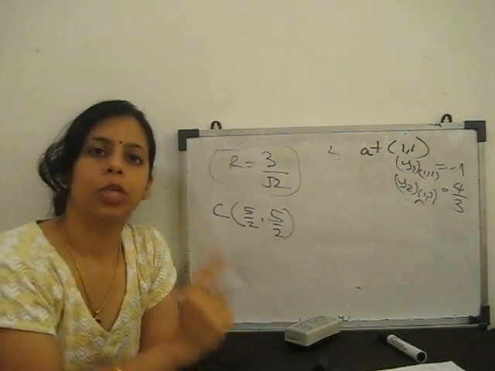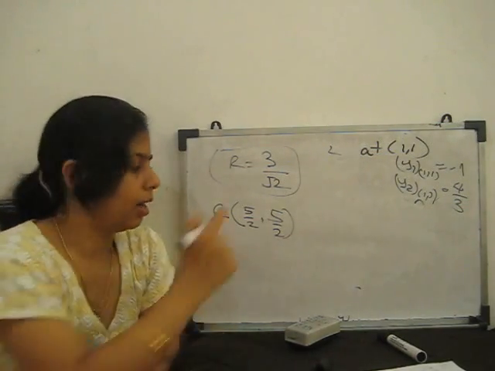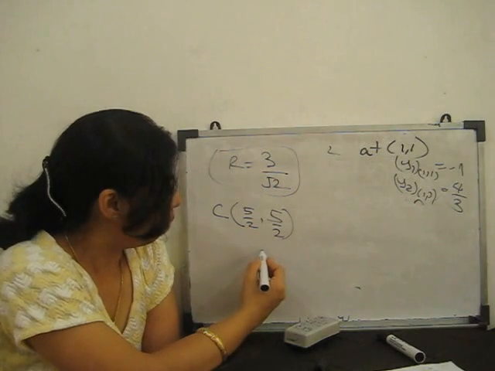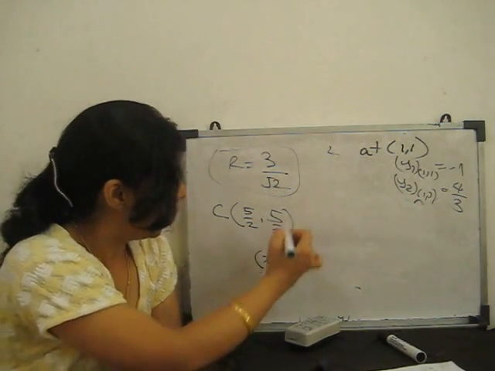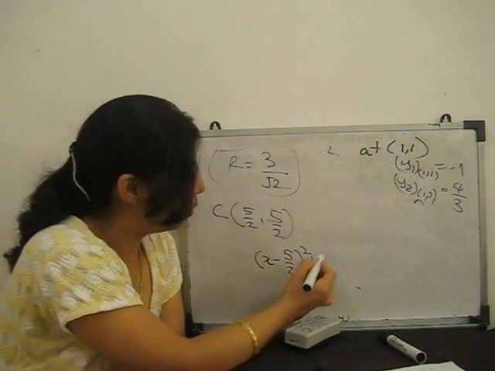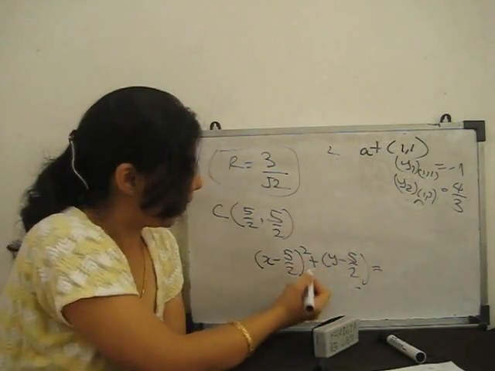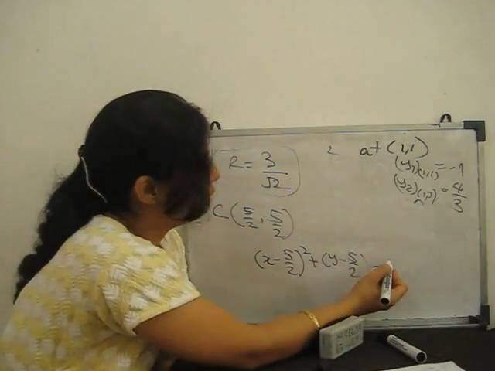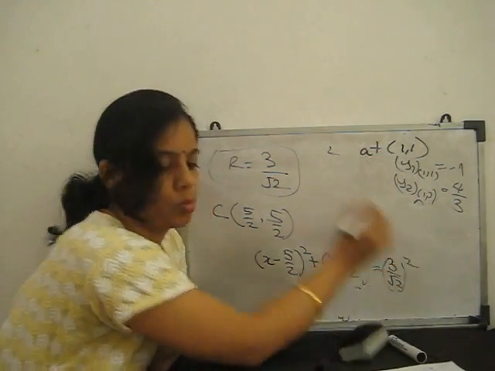Next step, the equation of the circle of radius R with center (5 by 2, 5 by 2). So X minus 5 by 2 whole square plus Y minus 5 by 2 whole square equals R square, that is (3 by root 2) square.